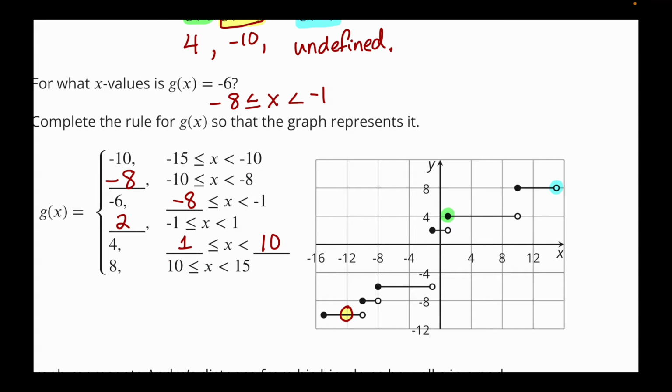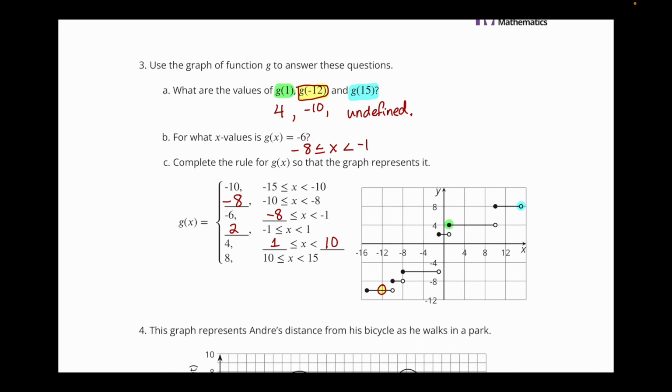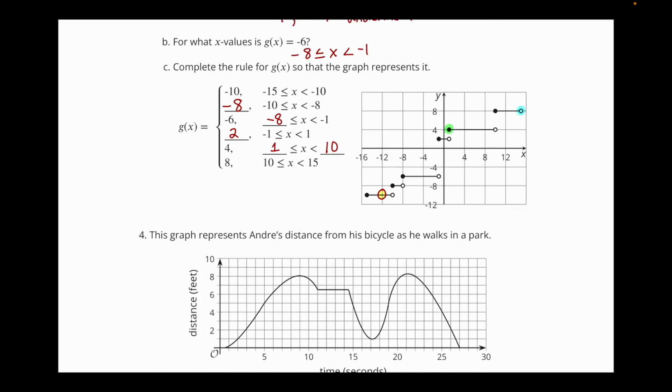So we have basically wherever we had filled in things here, their limits are kind of set based on the previous step. So we have that little bit of a pattern. And that's it for question 3. So not too bad, but still a little different than what we're used to looking at.